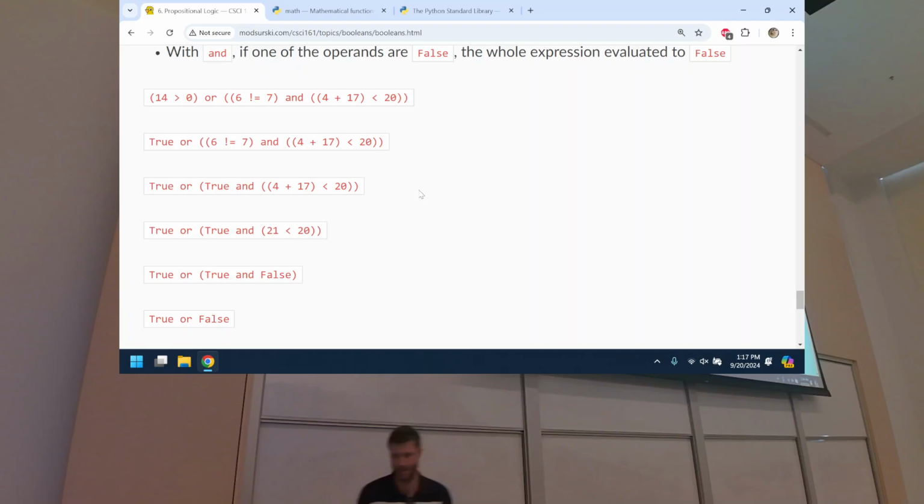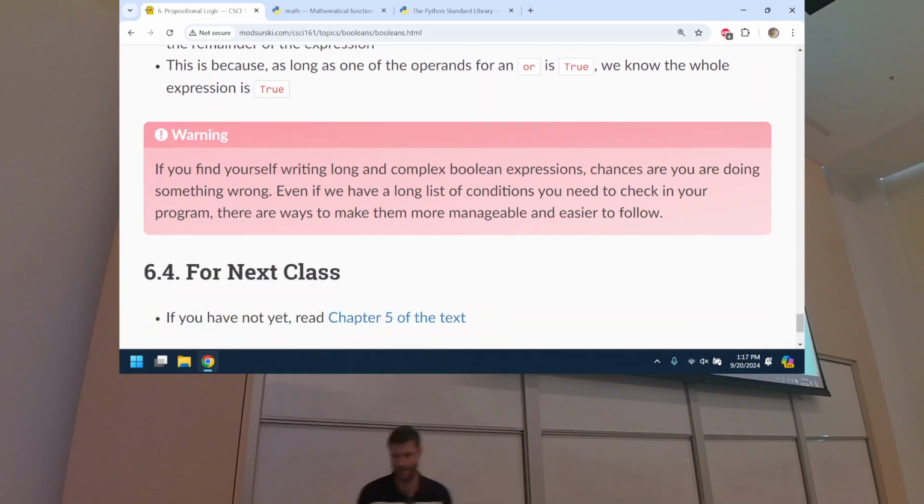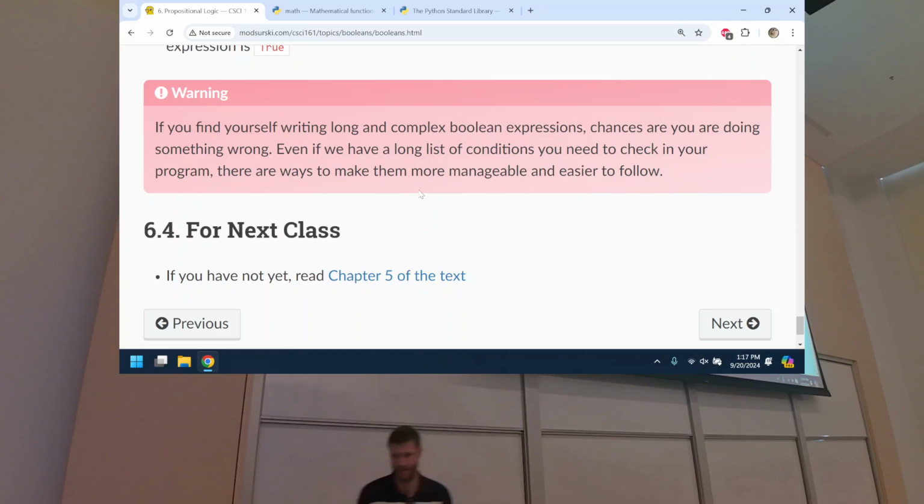Your code shouldn't look that crazy and hairy. If you find yourself writing long, complex Boolean expressions, chances are you're doing something wrong. Even if you have long lists of conditions you need to check in your program, there's a way to make it more manageable and easier to follow. You could break this down into multiple expressions, evaluate each, and make your code a lot cleaner.